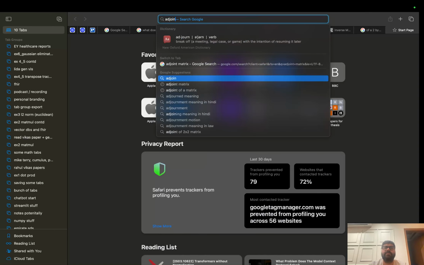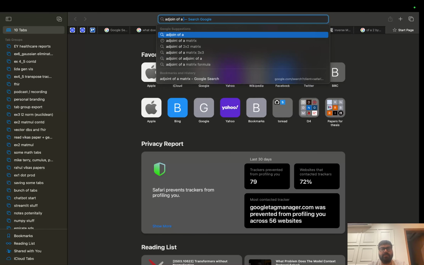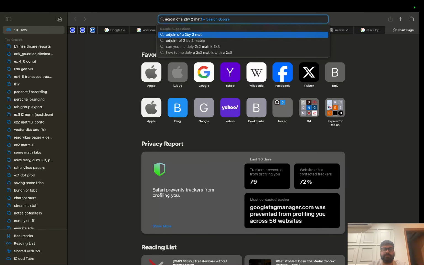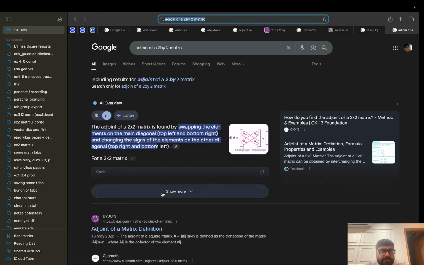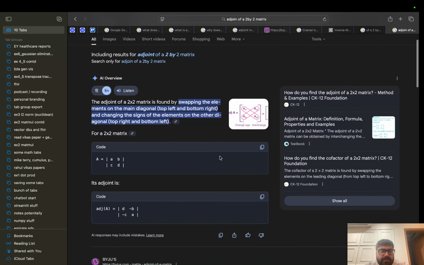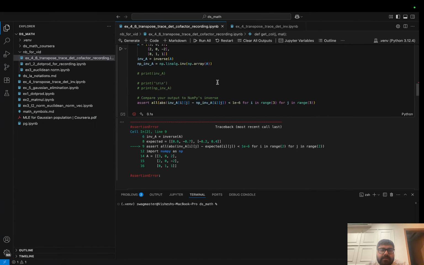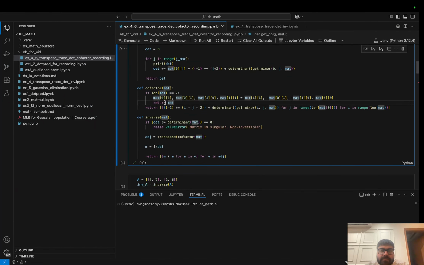Let's just confirm this adjoint of a 2 by 2 matrix. D negative B negative C A. Yeah, D negative B negative C A. So what we have here is actually not the transpose.